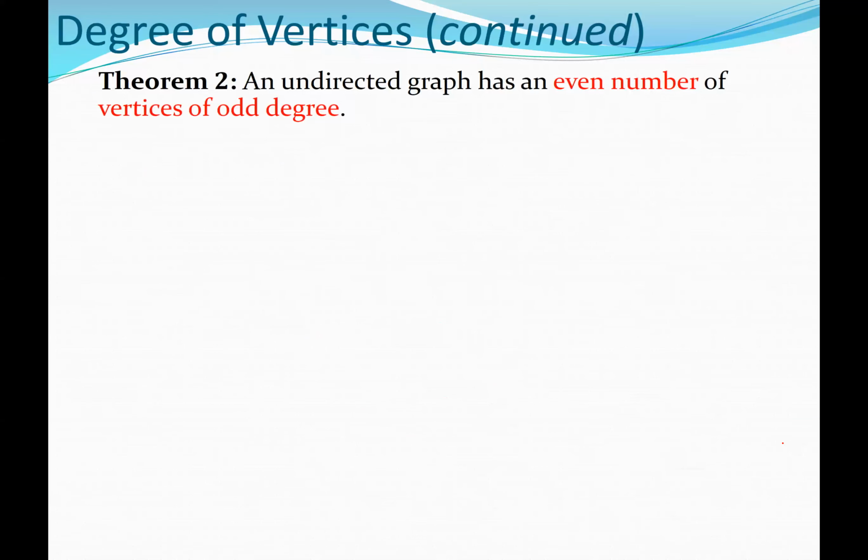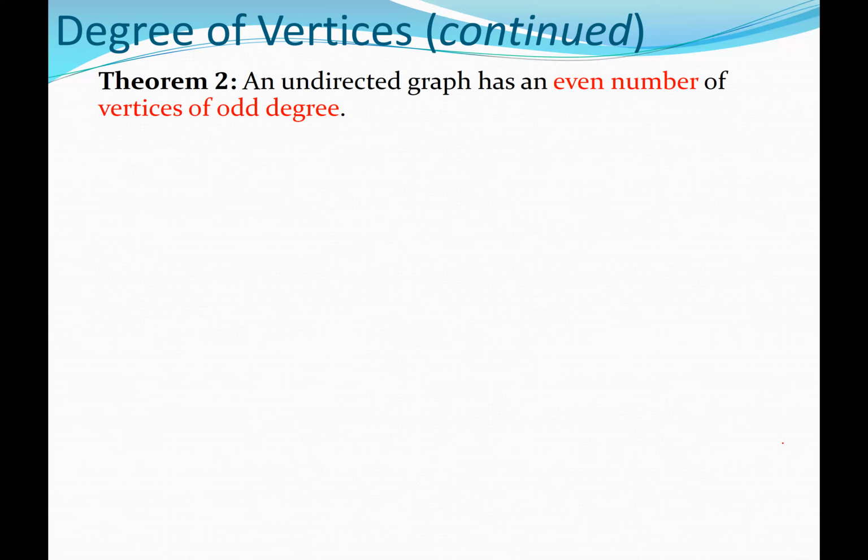All right, so next one. Another theorem: an undirected graph has an even number of vertices of odd degree. Now, what does that mean? It means that if you have some vertices with odd degree and some with even degree in the graph together, then the total number of vertices in the graph with odd degree has to be an even number.